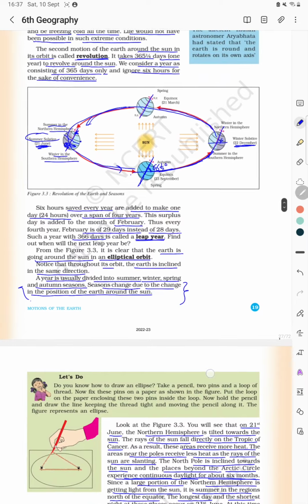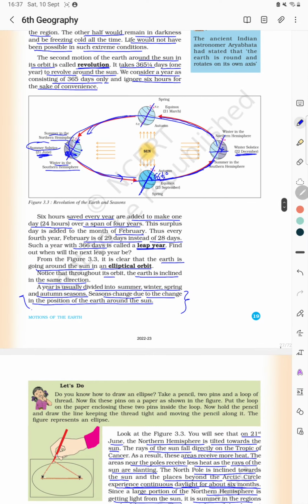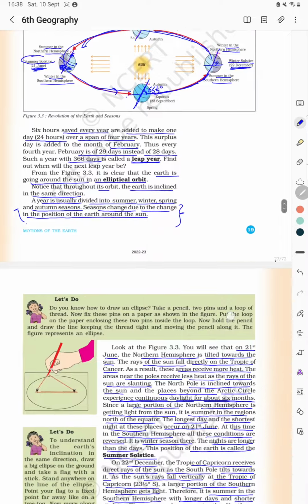In the earlier position the northern part is having summer, so that position of earth is summer solstice. Here our northern hemisphere is feeling winter, so we call it winter solstice, which is winter in the northern hemisphere and summer in the southern hemisphere, the reverse of summer solstice.